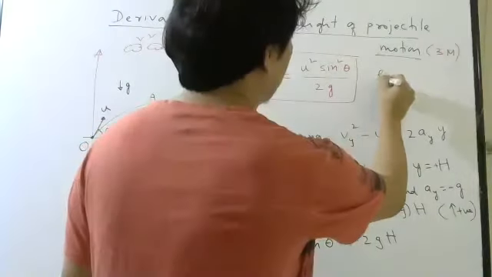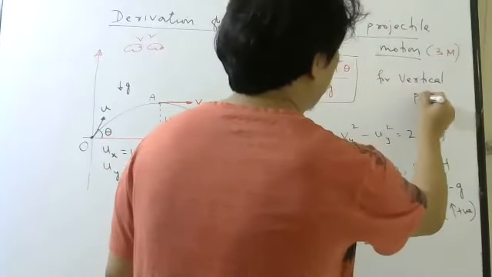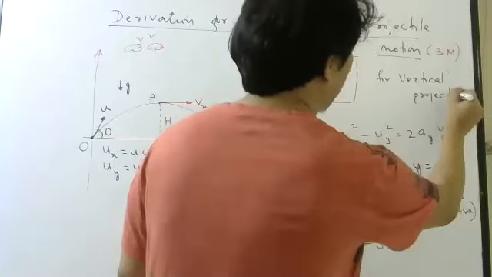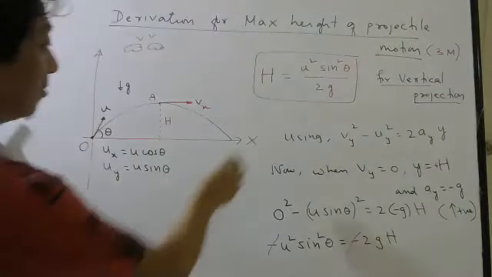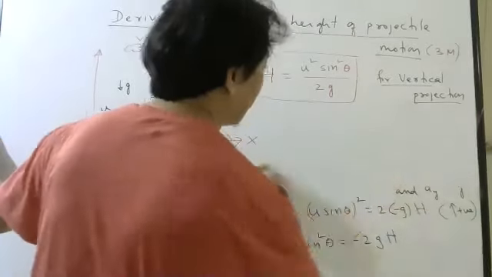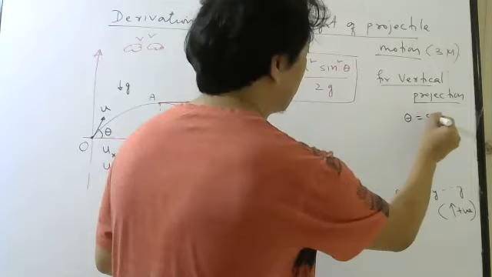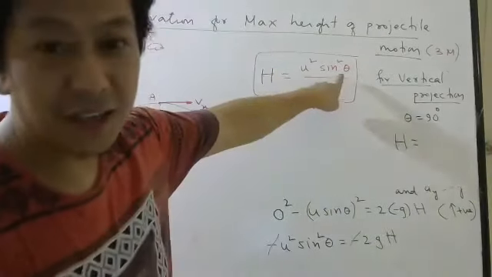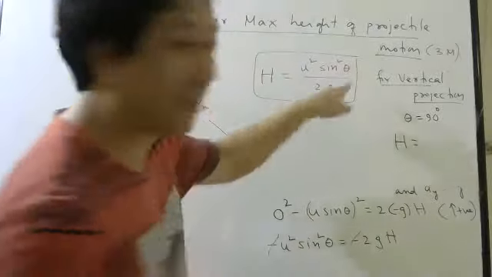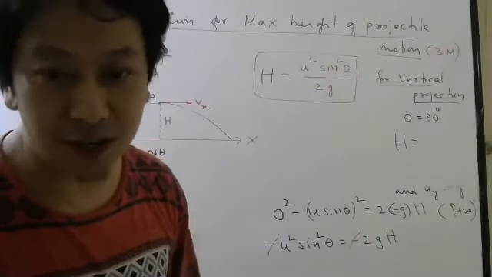So for vertical projection, theta is 90 degree. Put 90 degree here. What will be your formula for maximum height? sin 90 is how much? 1. 1 square is 1.